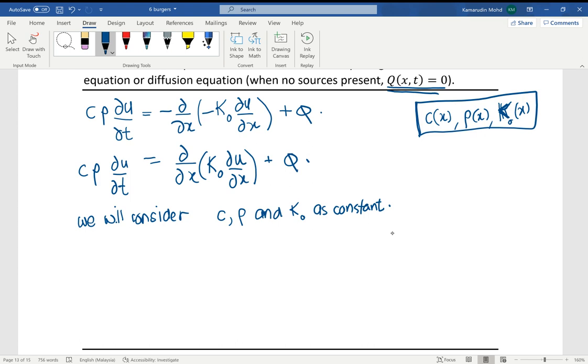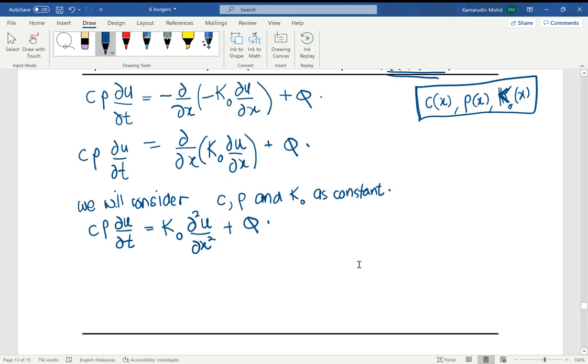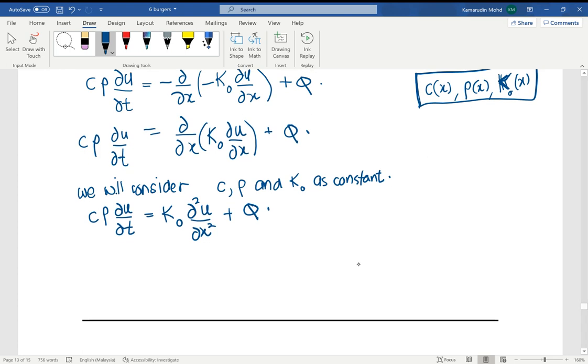So if we consider it as a constant on the right here, we can bring it out from the derivative. So we will get now C rho del u del t equal to k naught del square u del x square plus q. Okay, so now we will obtain the heat equation.